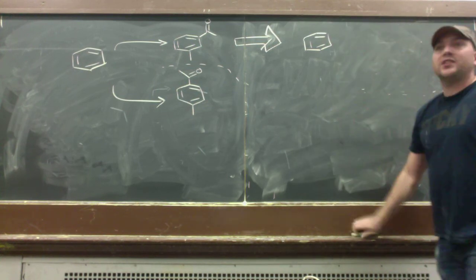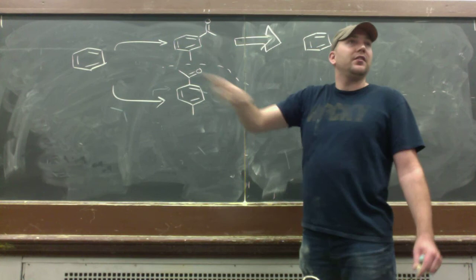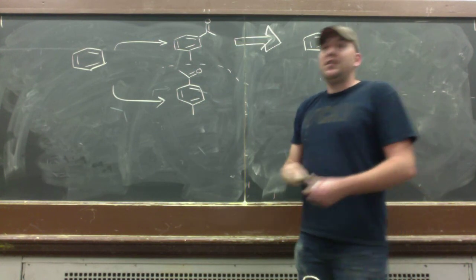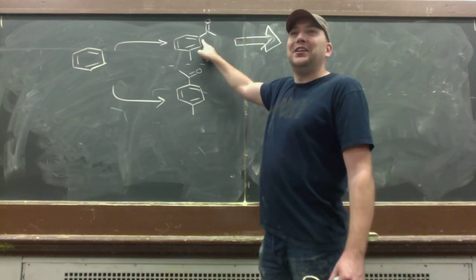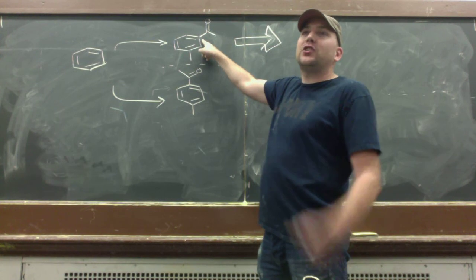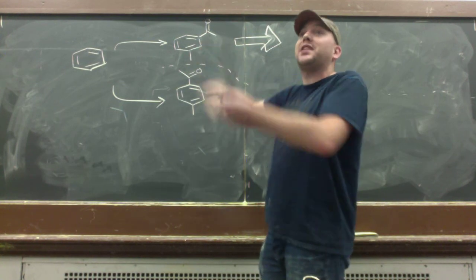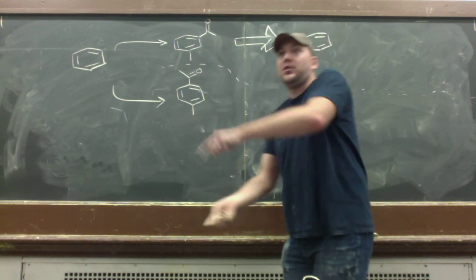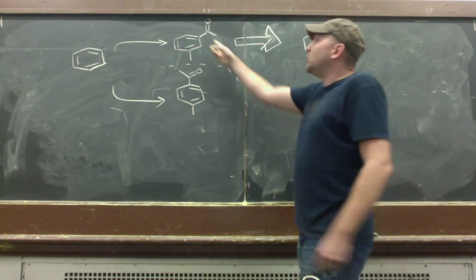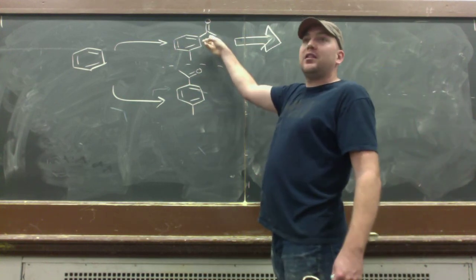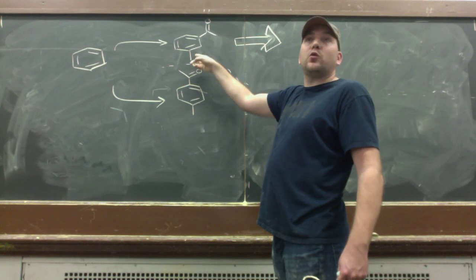So what is our meta director here? Yeah, the ketone. This is a meta director. So you don't need the nitro, because the nitro just gives you more problems. Yes, it's going to direct, but then you create a new problem, which we might not be able to solve. So it's important to recognize in this problem that this is a meta director, this is an ortho-para director.